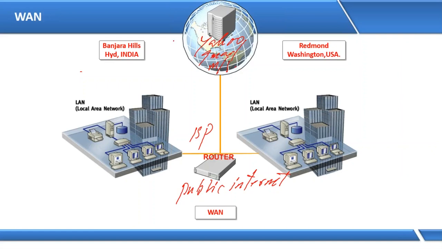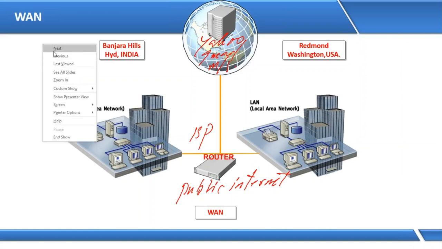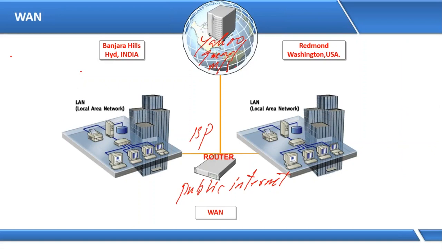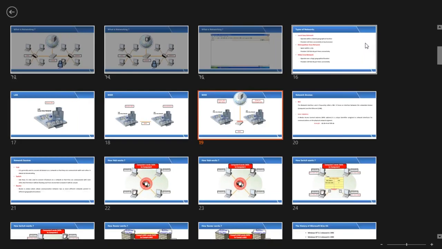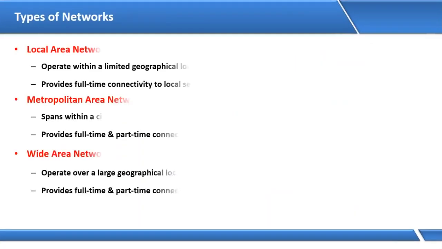The experts are saying, sir, we have three types of network. LAN, the local area network, is limited within a geographical location.